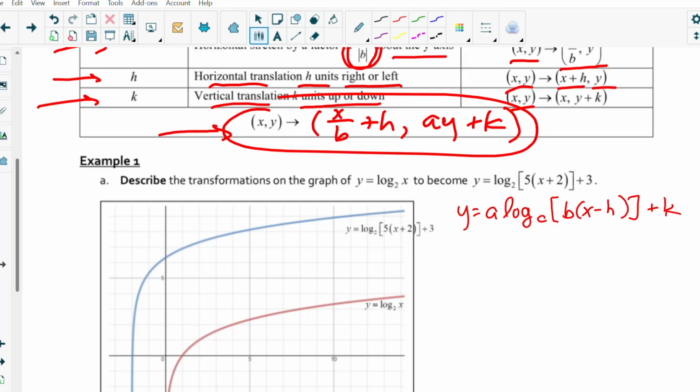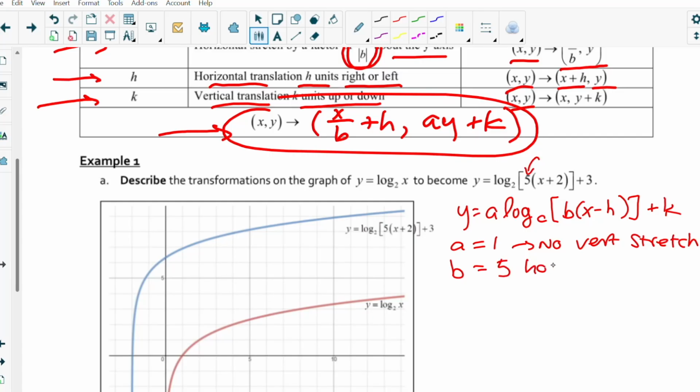I like to stack these equations up so I can see what is going on. First off, a value of 1. No vertical stretch. B value equal to, well, right here, 5.